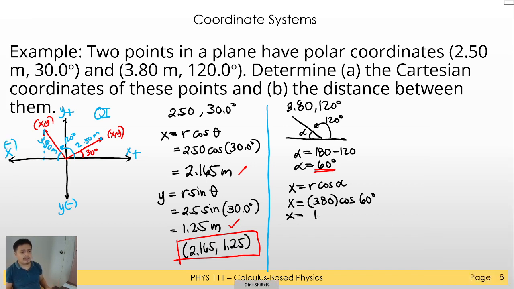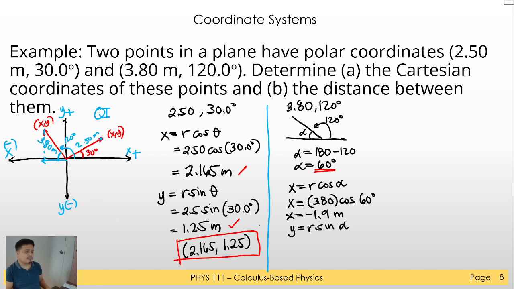Now be wary, guys, that when you solve for a coordinate outside of quadrant 1, you have to take note of the sign. Since this is going to the left, your x axis is going to the left, it should be negative.